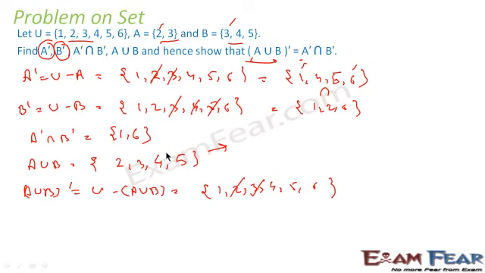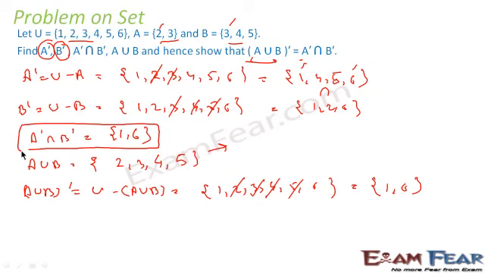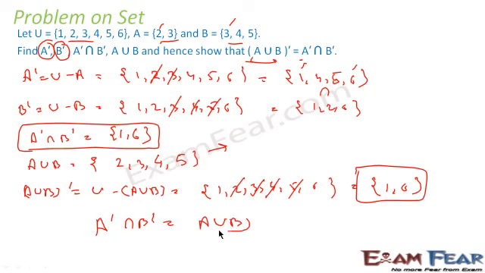Second element is 3, subtract 3. Third element is 4, subtract 4. 5, subtract 5. So what we get is 1, 6. So (A union B) complement is equal to 1, 6. And you see that A complement intersection B complement is also equal to 1, 6. So both are the same. Thus we can say that (A union B) complement is equal to A complement intersection B complement.